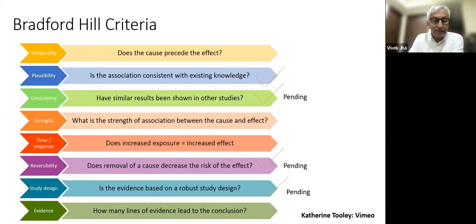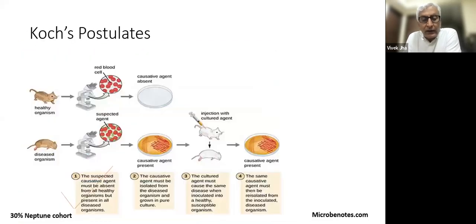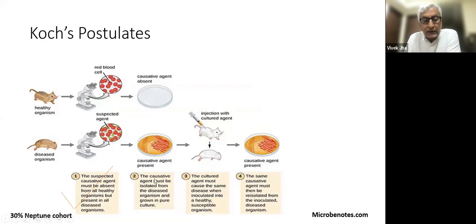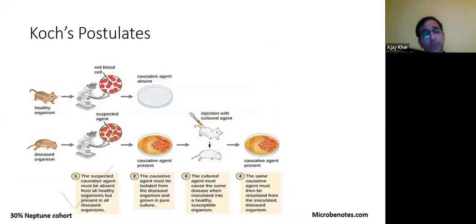Sorry, Ajay, if we can go back to the previous slide. Sure. What do you think about the second of the Koch's postulates, in which they did show that the serum from these patients is able to pull down the nephrin from isolated glomeruli, right? Yeah. So that is part of this. I'll talk a little bit more about it when we talk about the membranous.